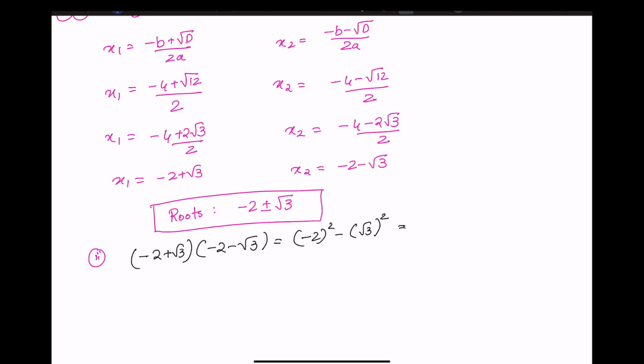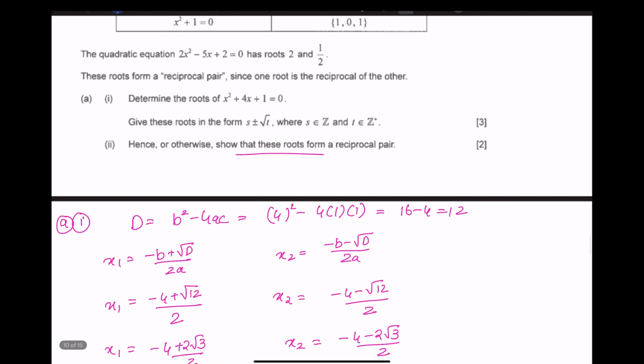Minus 2 whole squared is 4, root 3 squared is 3. So 4 minus 3 is 1. Therefore, minus 2 plus root 3 and minus 2 minus root 3 are a reciprocal pair. So that's all about question A.